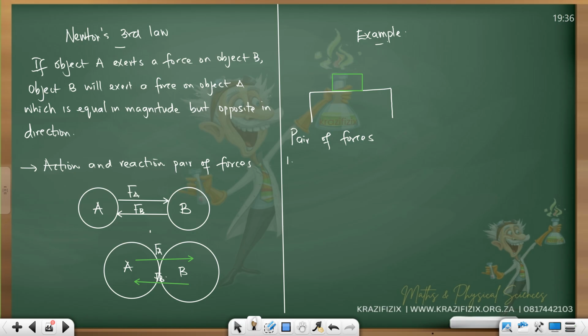Number one, the force of the box on the table and the force of the table on the box. In this case, the force of the table on the box is the normal force. We are done. So the box is exerting a force on the table, and the table is also exerting a force on the box. That's all.